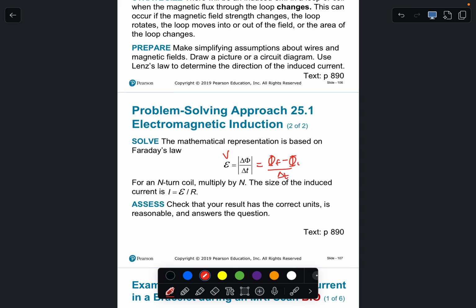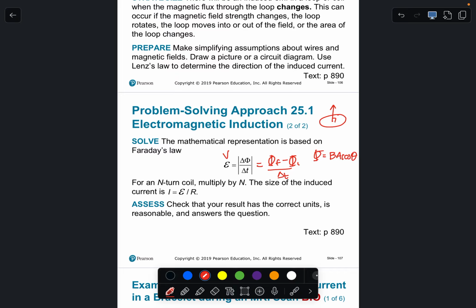And the magnetic flux is given as B times A times cosine of the angle between B and A. And just as a review, the A here is the vector that points perpendicular to the area.